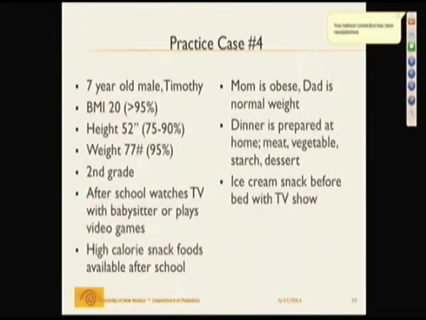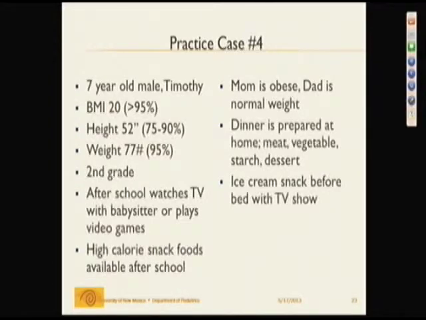He's in 2nd grade. So that's what we know about him. His mom is obese and dad is normal weight. Dinner is prepared at home and has a nice mix of protein and vegetables, starch and dessert. And then he has ice cream snack before his bedtime with a TV show. So he snacks in front of the TV at dinner.